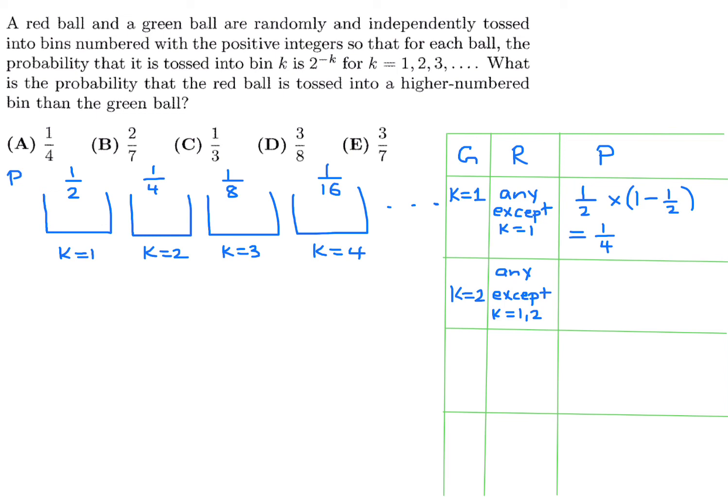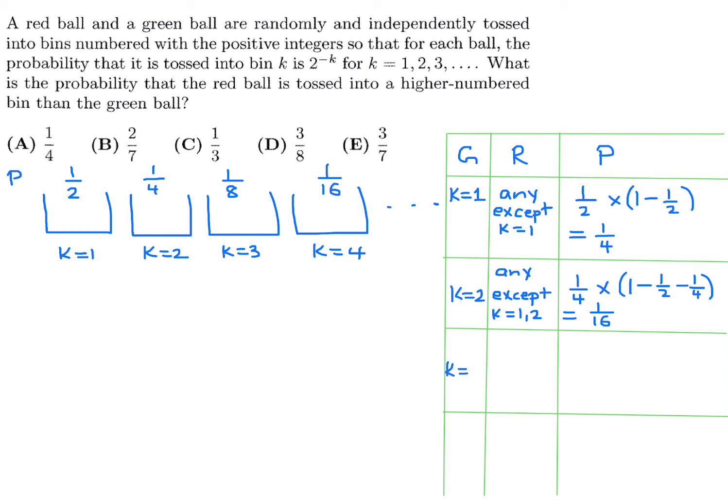So the probability that we put G into K equals 2 is a quarter. So that goes here. And then multiply this by all of these, which would be 1 minus this and this. So 1 minus a half minus a quarter. And that, I believe, is a quarter. So this is going to be a quarter times a quarter, which is 1 over 16.